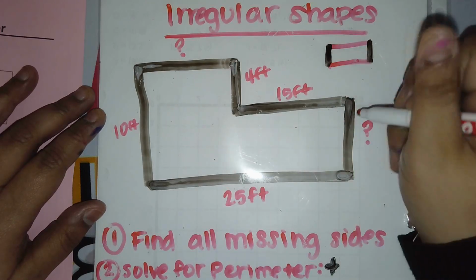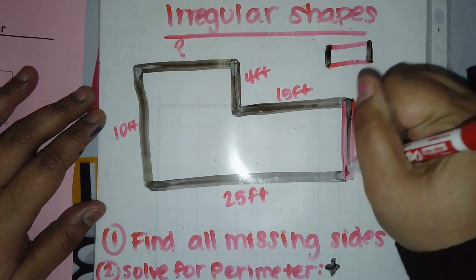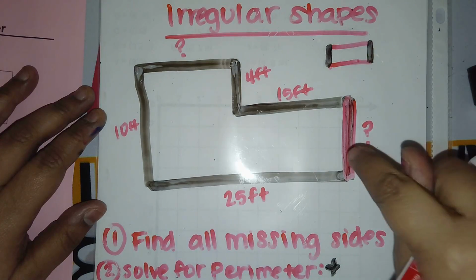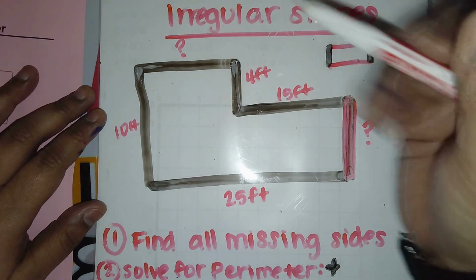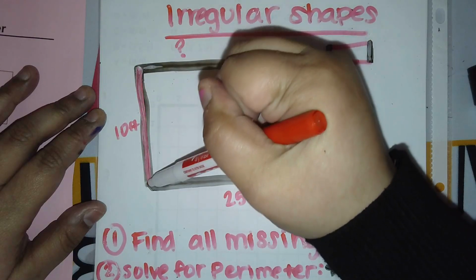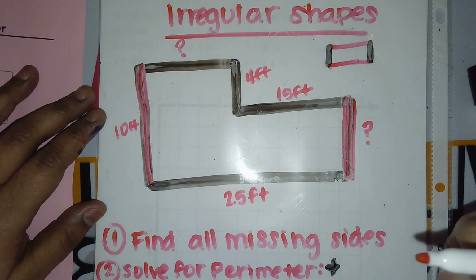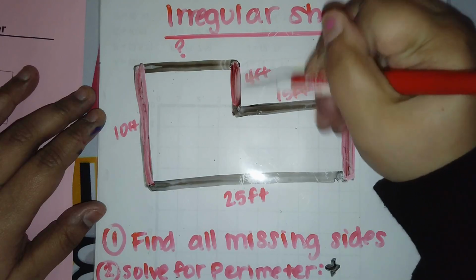So I'm missing this side right here, this chunk. So what side matches this side? Obviously it would be the opposite side, kind of like on that picture. So this side would match, okay? And another one that would match would be this side right here.